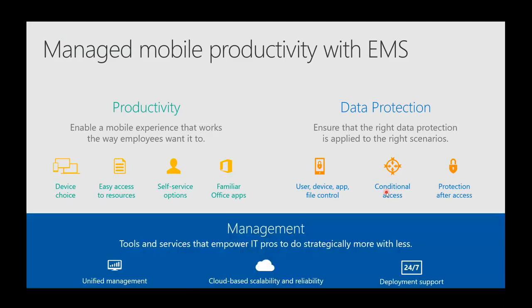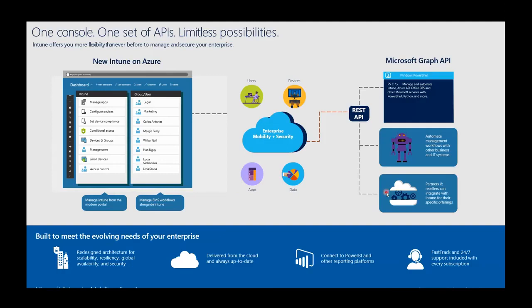So when we talk about all of these, the whole reason of having EMS in place is using one single console to manage the entire suite. Like if I want to implement an end-to-end enterprise mobility security solution apart from M365, we probably might need multiple applications. We might need multiple roles.